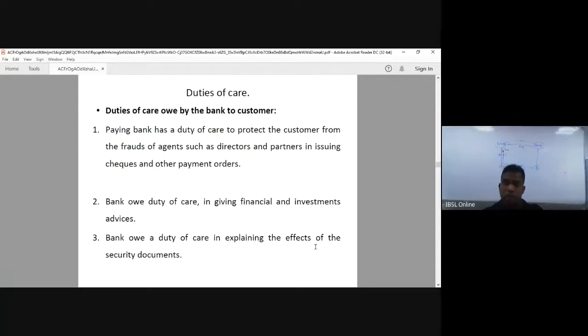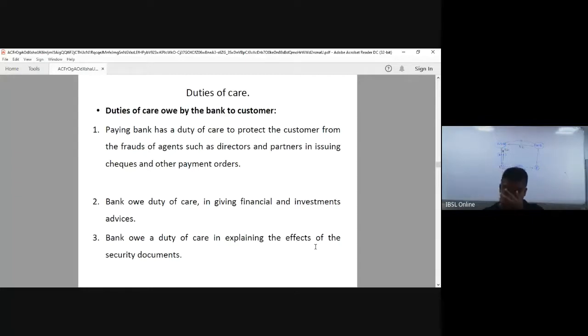We ask customers to sign. So you are supposed to explain the security documents to the customer if he can't read and understand. Sometimes the customers say explain. Sometimes they don't say so, but you have a duty to explain the effect of the security documents.